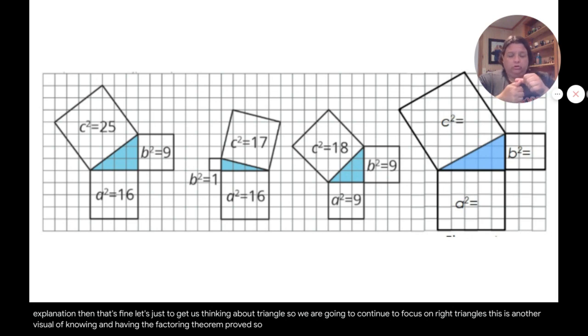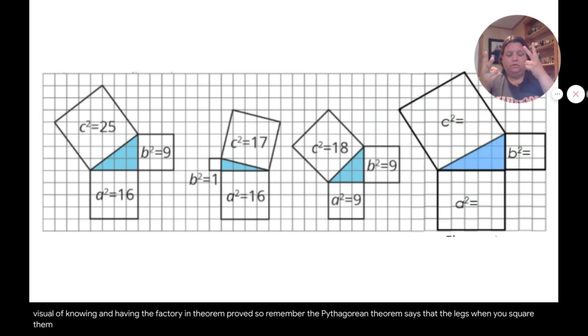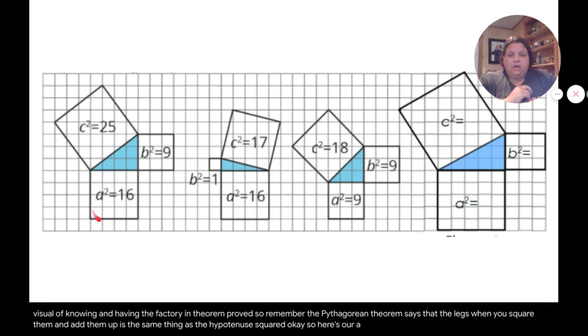So remember, the Pythagorean theorem says that the legs, when you square them and add them up, is the same thing as the hypotenuse squared.